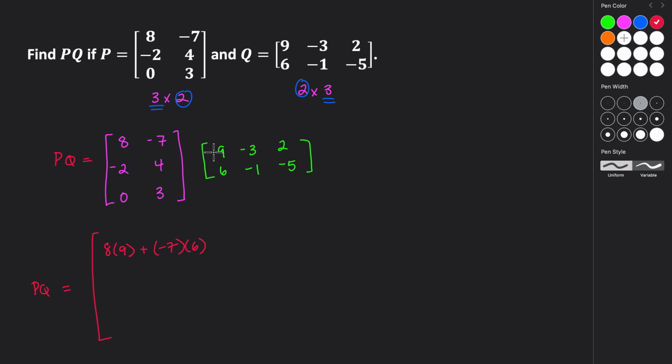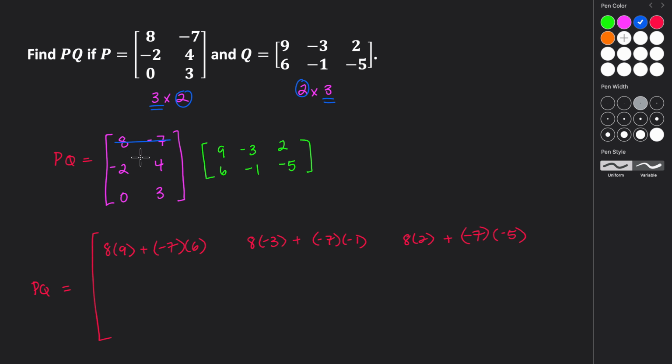And then my first row, second column, is going to be 8 times -3 plus -7 times -1. And then first row, third column should be 8 times 2 plus -7 times -5. And that is going to be our first row. So we're done with this row.